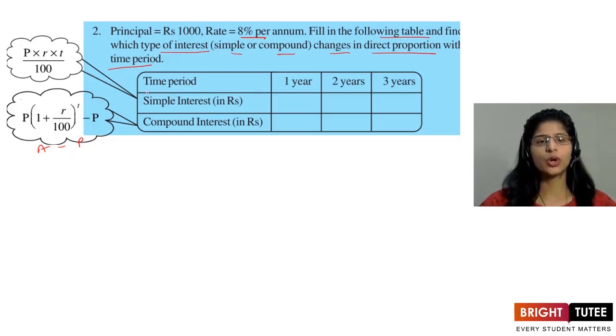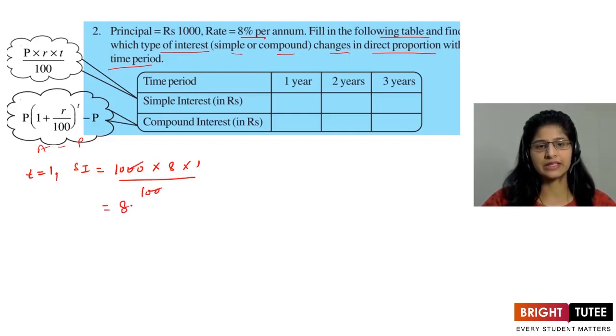Just see. The first one, when t is equal to 1, what is simple interest? It is P into R into T. P is 1000 into R is 8 into time is 1 divided by 100. You see what we get? We get 80. So here I am putting 80.